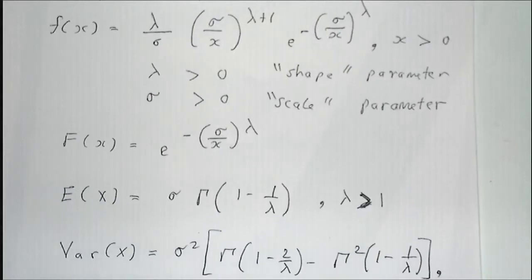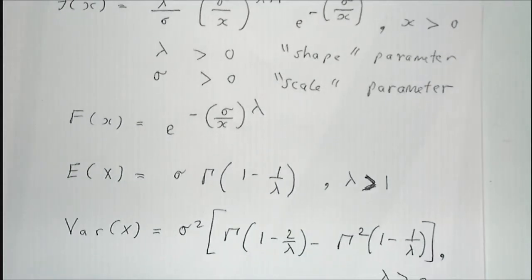Now finally, the MGF does not exist if t is greater than 0.